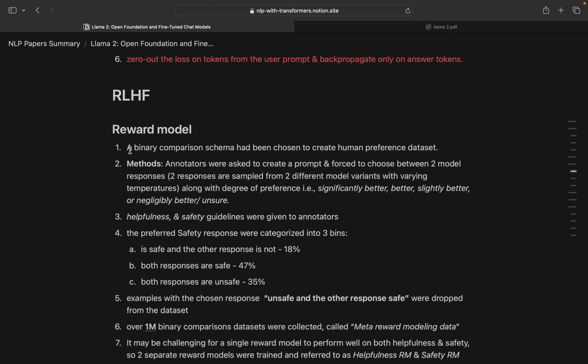When it comes to the reward model, I have made a separate video on how RLHF and other things work. I think within a couple of weeks or a month, I will upload those 2. It will be clear. There are various ways in which you can create training data for a reward model.